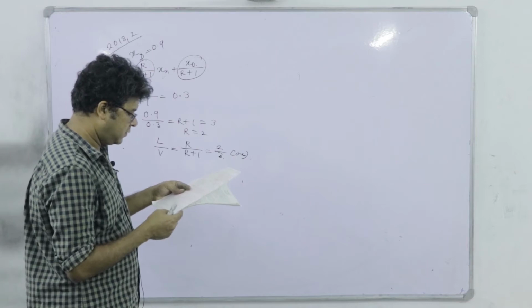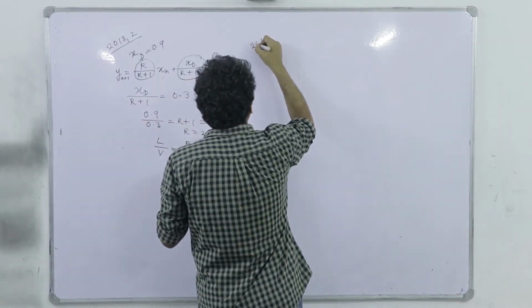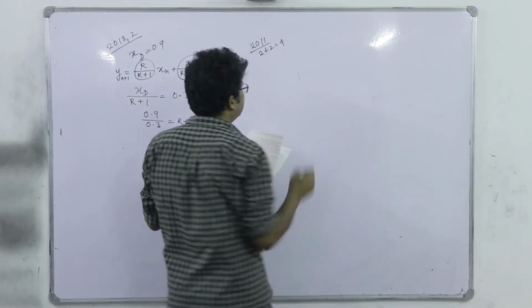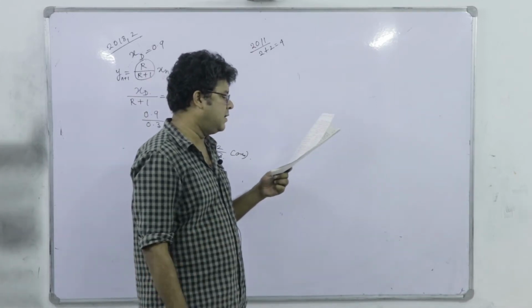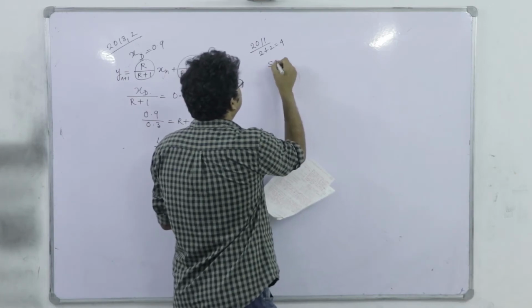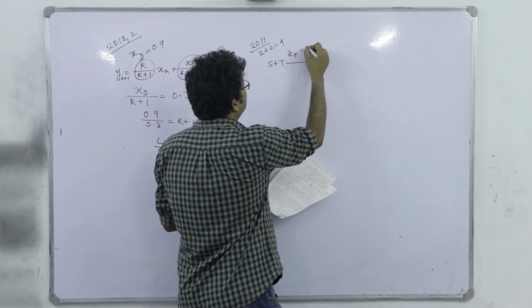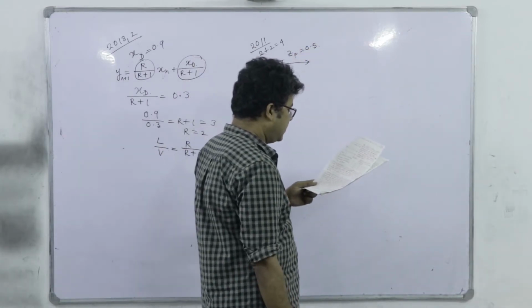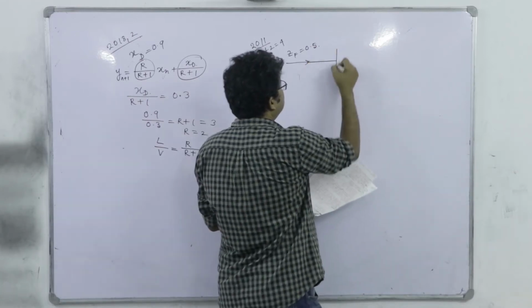Next, this is 2011, a linked question, 2 plus 2, 4. A binary feed mixture containing equimolar quantities of S and T, so zF equal to 0.5, is to be distilled in a fractionating tower at atmospheric pressure.